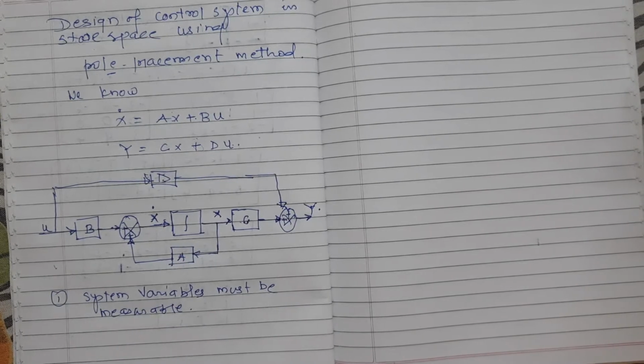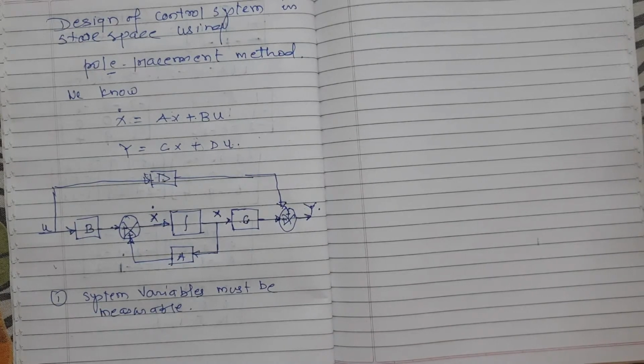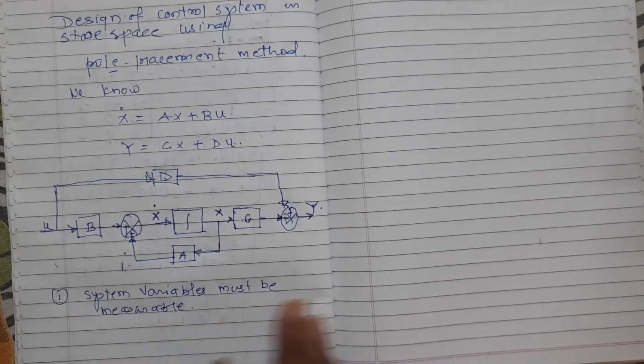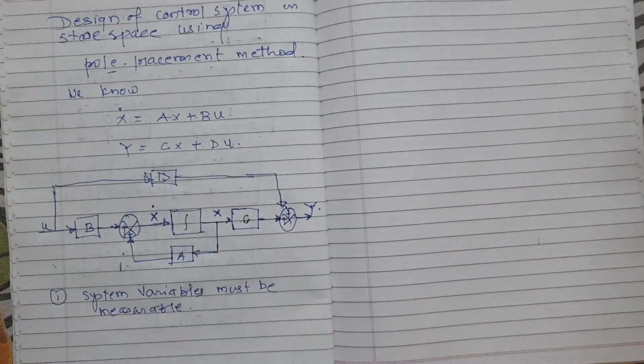System variables must be measurable, that means it must be available at any time, otherwise we cannot design the control system using the pole placement method.